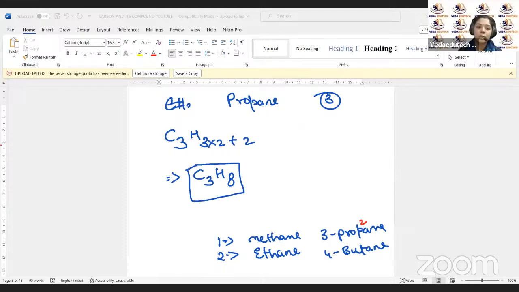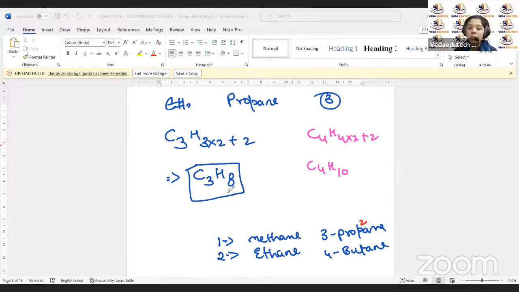If I want butane, the number will change here. It will be C4, 4 into 2 plus 2. 4 2s are 8, plus 2 is 10. C4H10. So like this, we can keep on calculating everything.